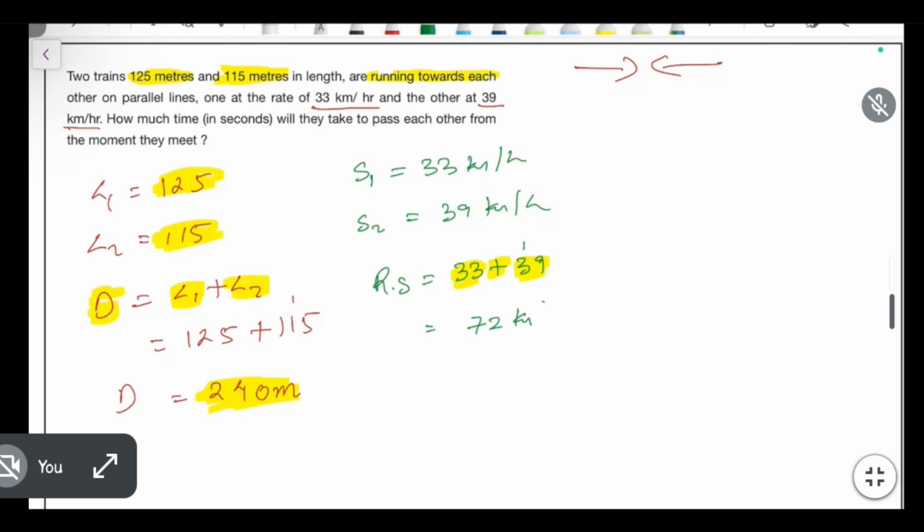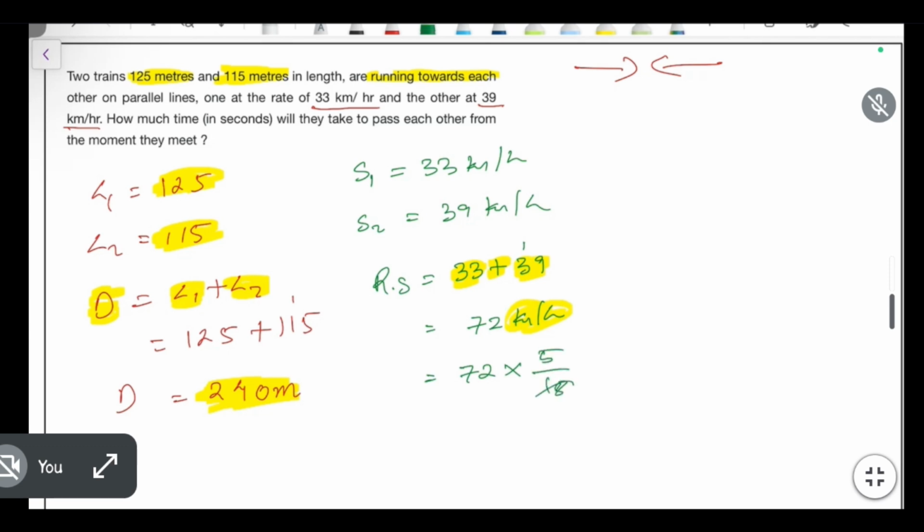72 kilometer per hour. Most of the time in train problems or circular track problems, you will see 72 often. Always remember that 72 is nothing but 18 times 4, then you can solve your answer faster. I'll convert it to meter per second since this is kilometer per hour. To convert to meter per second, multiply by 5 by 18.